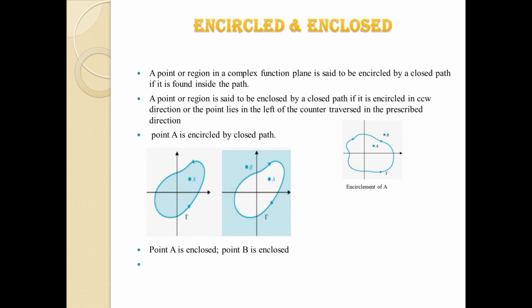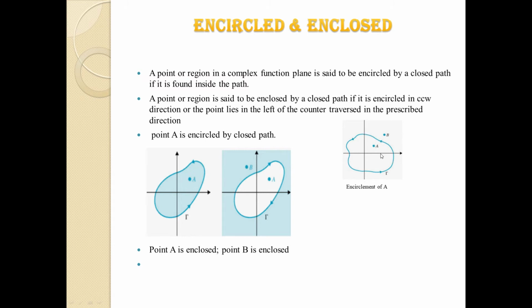So next, what is encircled and enclosed, which is very important in the Nyquist. If a point is found inside a closed path in a complex plane, then it is called encircled. If we consider this picture, we can see that the point A is within this contour tau.